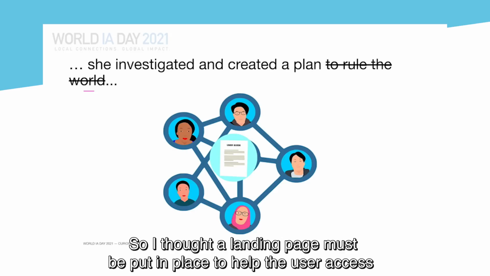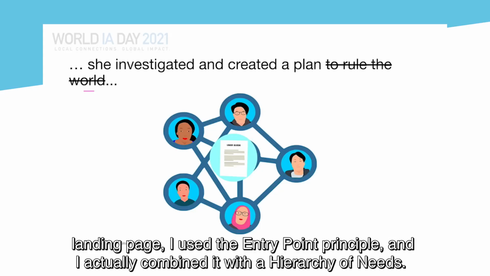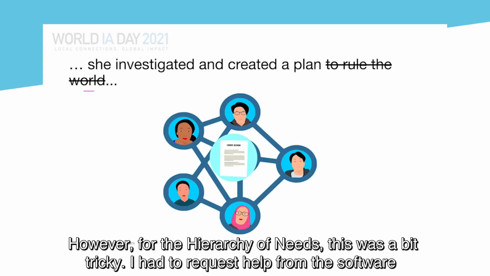So I thought a landing page must be put in place to help the user access the content that they need or help them navigate through the documentation. And while designing the landing page, I used the entry point principle, and I actually combined it with a hierarchy of needs. However, for the hierarchy of needs, this was a bit tricky.